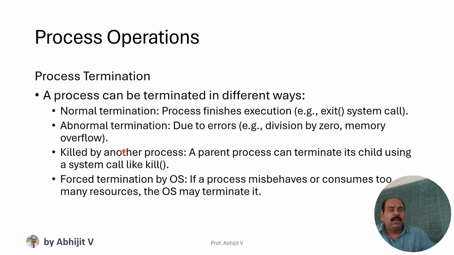Killed by another process: forced termination by the operating system. When another process takes force, the previous one gets affected and stopped. The operating system compels the process to end. That is called forced termination.